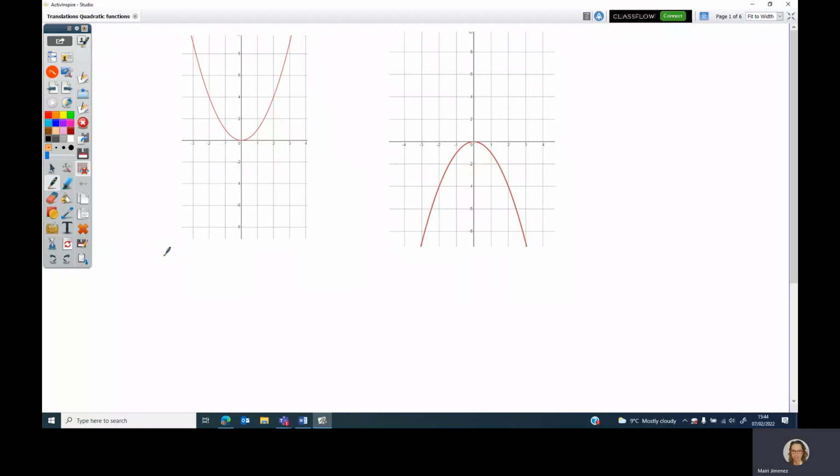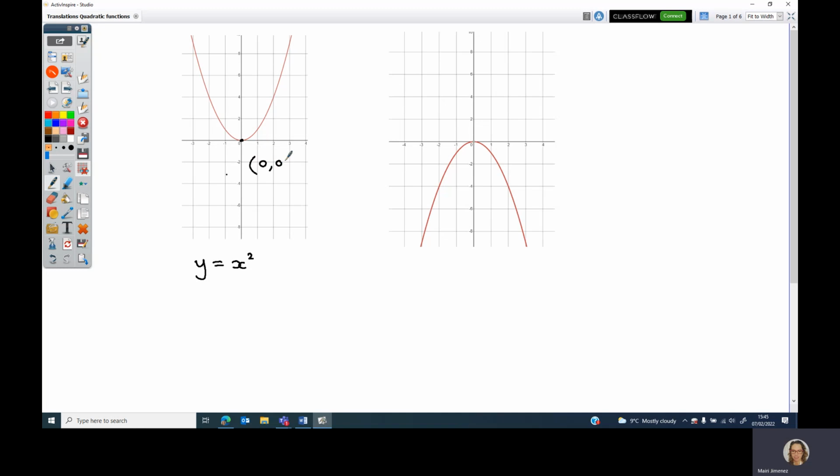This is on quadratic functions. So a recap of the basic quadratic functions. The first one here, the equation is y equals x squared. So the important point to note is the origin 0, 0 here.